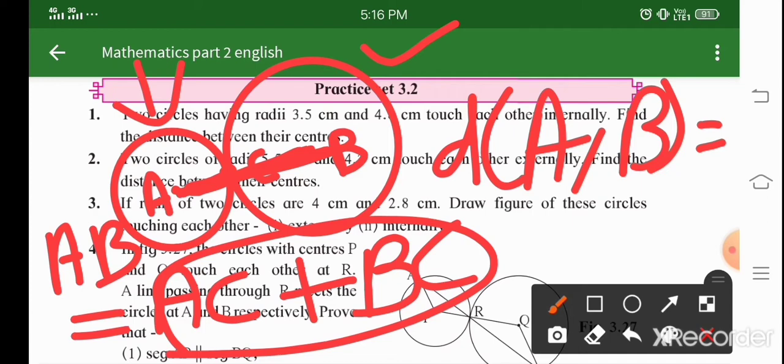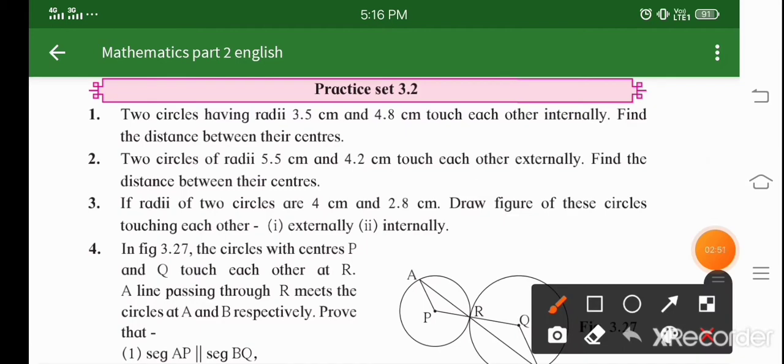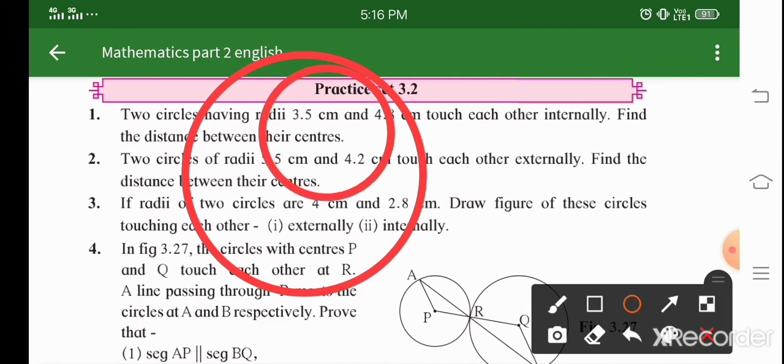Now we'll see internally touching circles. Let me draw the internally touching circle. Suppose the internal touching circle is like this. This is a circle, and I draw another circle touching it. So this is internal touching.